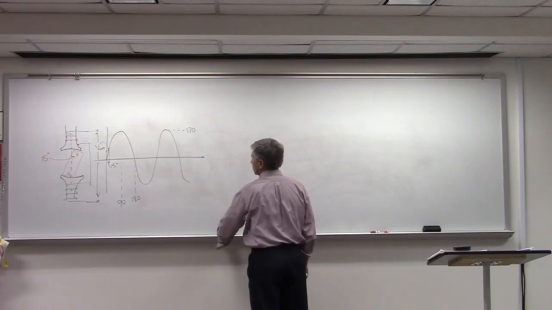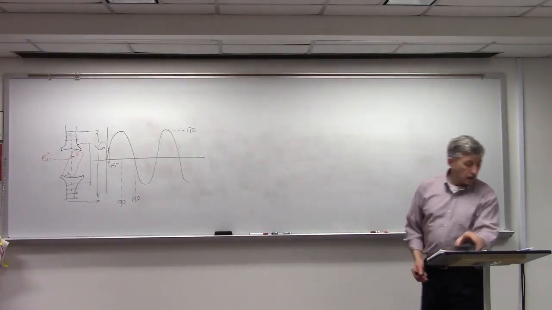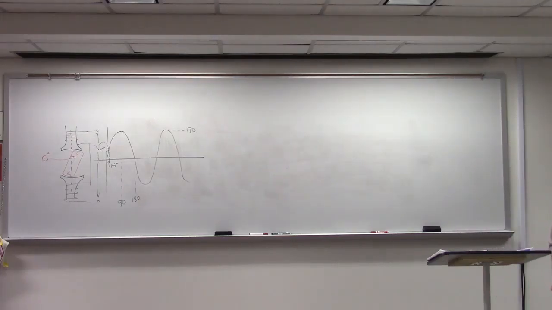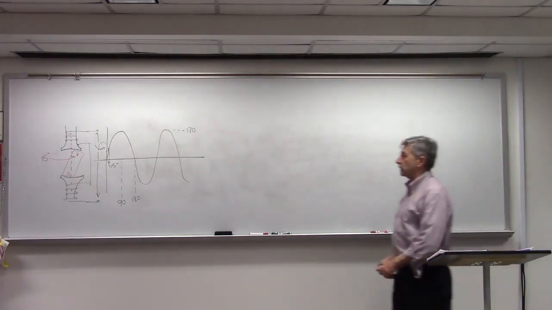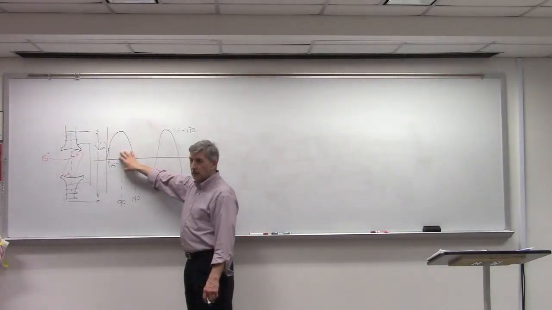Now there's one characteristic I didn't talk about, and that is the frequency and the reciprocal of the frequency for a sine wave, which is called the period. The frequency is just the number of cycles that a sine wave completes in 1 second.